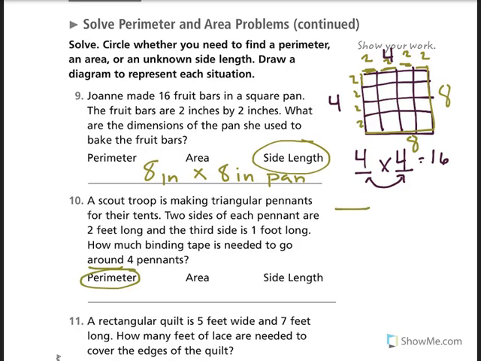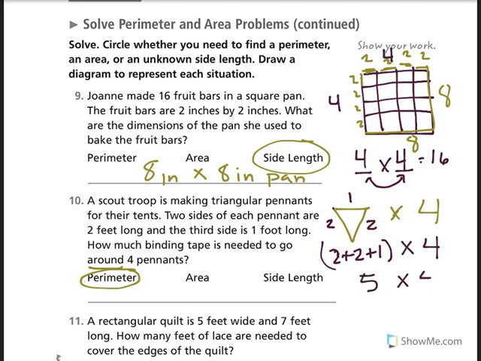So we have these triangles, and there are 4 of them. 2 feet long on 2 sides, and 1 foot long on the third side. So the distance around one triangle will be 2 plus 2 plus 1, and then whatever that is, we're going to have 4 of them. So 2 plus 2 is 4, plus 1 more is 5 times 4.